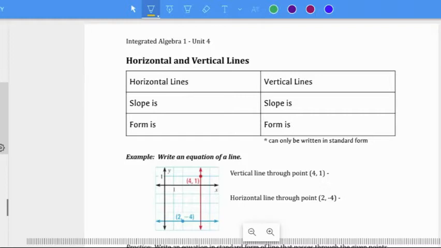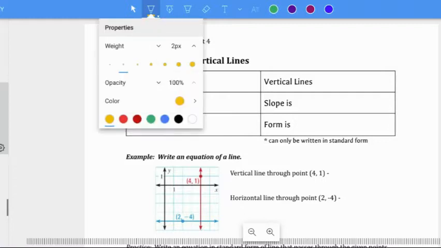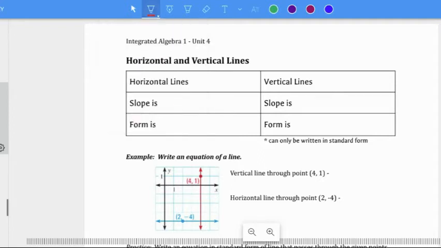So let's talk about how to write the equation when somebody says, hey, write the equation of a line that is horizontal and goes through this point, whatever point they give you. So I'm going to give you a little trick. Sometimes these little acronyms can be very helpful in remembering things.